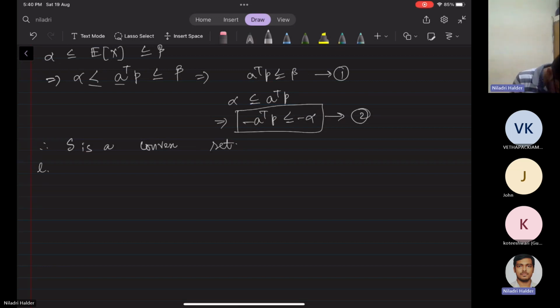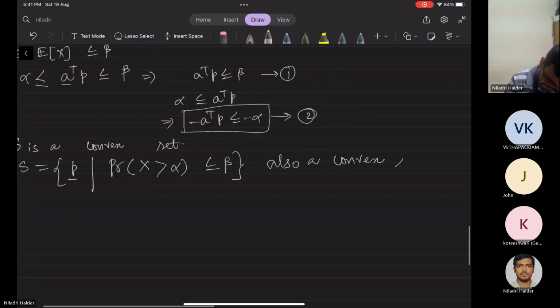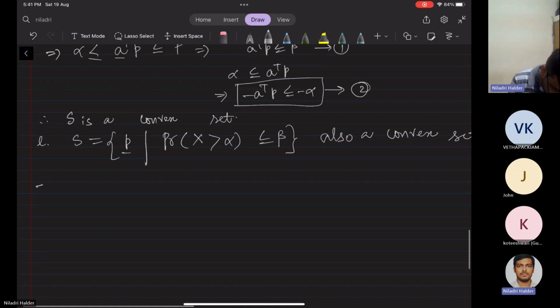Now let us take one more set, equal to all the p's such that the probability of x greater than alpha is less than or equal to beta. This is also a convex set. He has mentioned why this is convex.